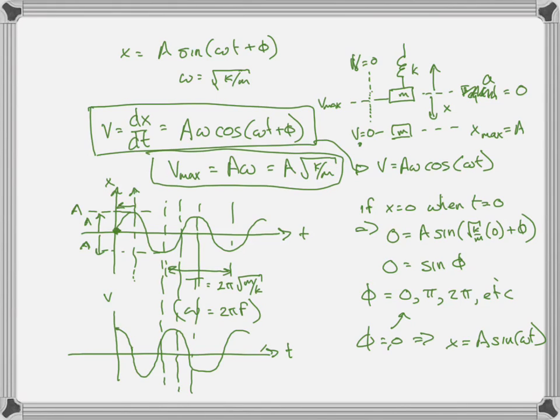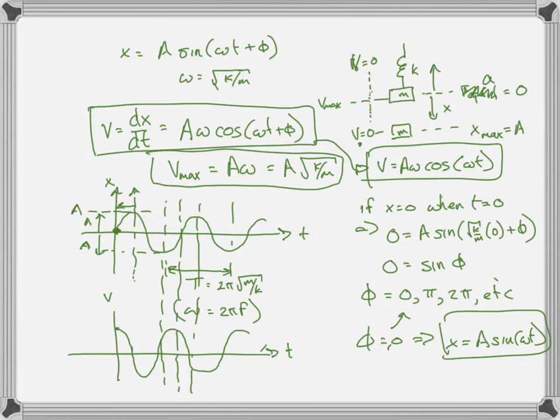Since x equals a sine omega t and v equals a omega cosine omega t, when x is a maximum, v must be a minimum, and when x is a minimum, v must be a maximum. That's what I was trying to show: because one's a sine and one's a cosine, it doesn't matter that one's a and the other's a omega, you can still see that when sine is a minimum, cosine is a maximum, and when sine is a maximum, cosine is a minimum. So when x is a minimum at equilibrium, velocity is a maximum. When x is a maximum at the endpoints, velocity is a minimum.